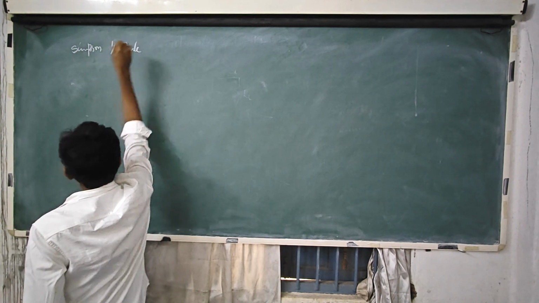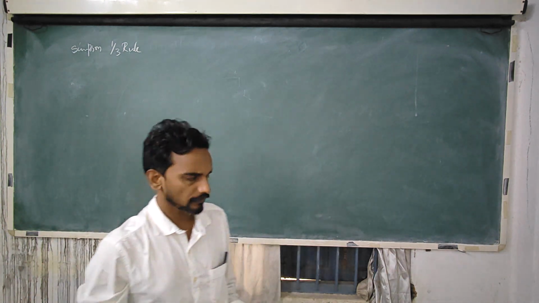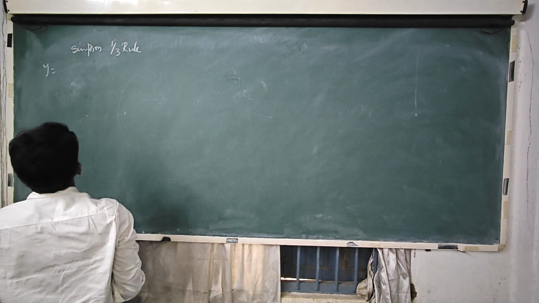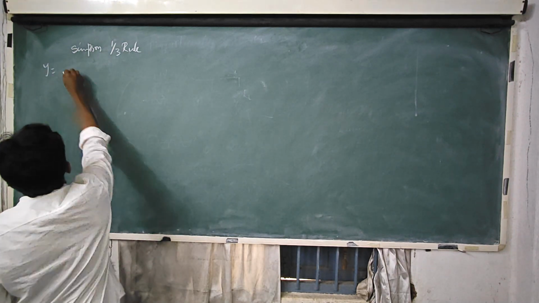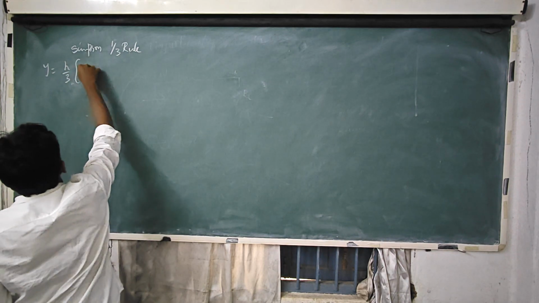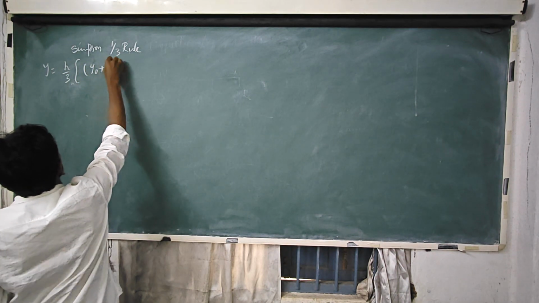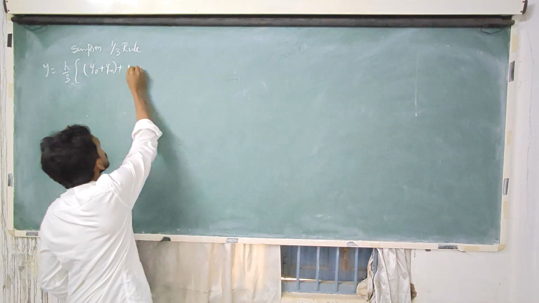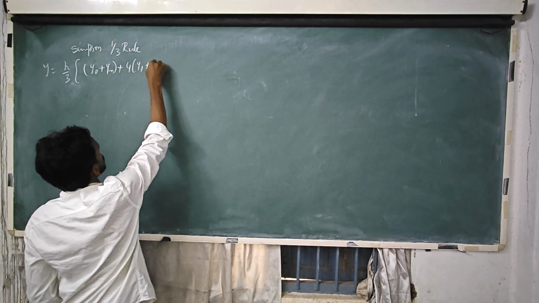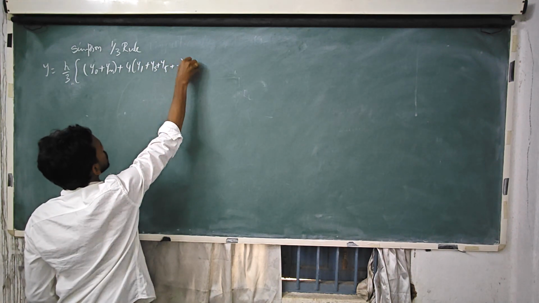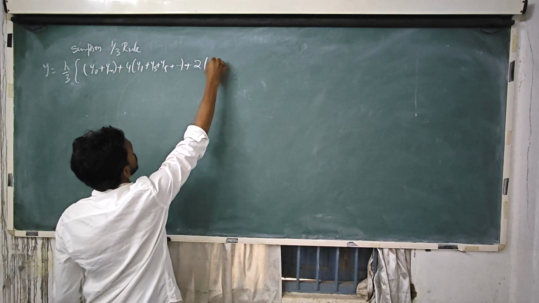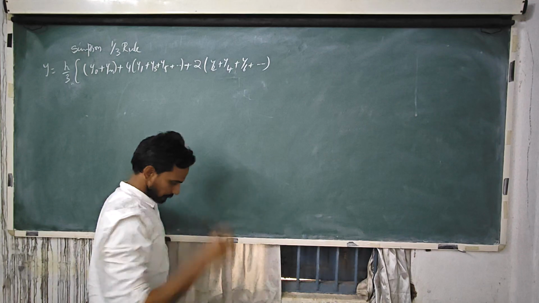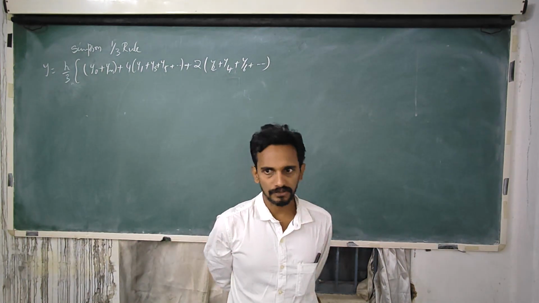Simpson 1/3 rule, so it is y is equal to h by 3 times y0 plus yn, 4 times y1 plus y3 plus y5 plus 2 times y2 plus y4 plus y6 plus etc. So that is Simpson 1/3 rule.